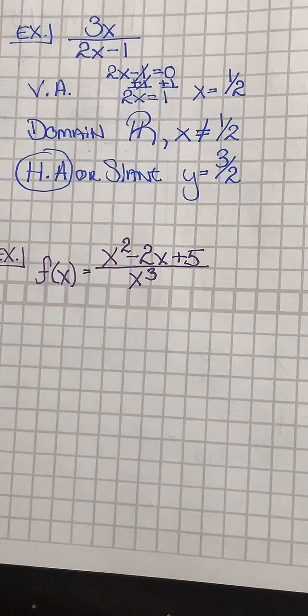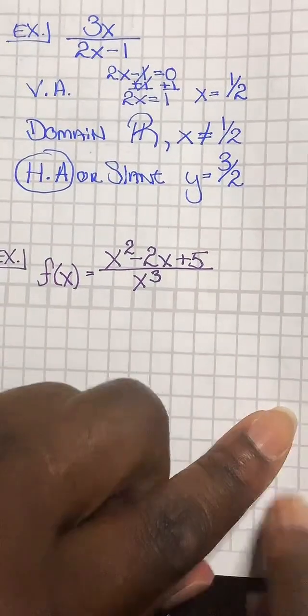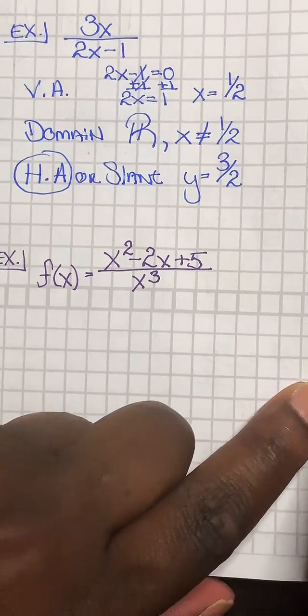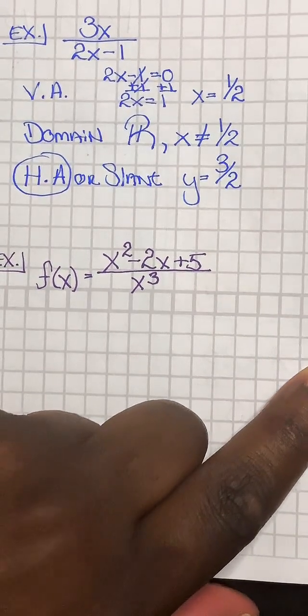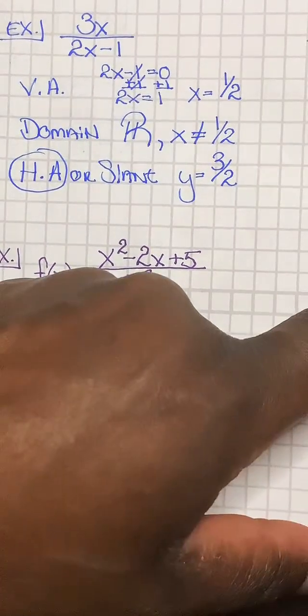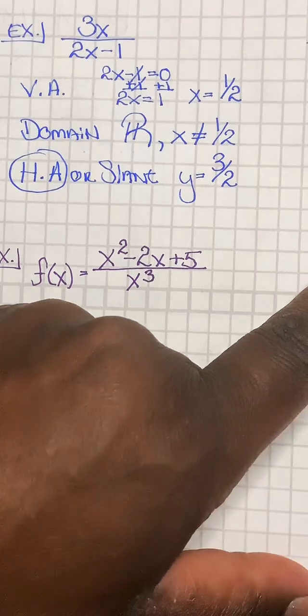I don't want to say the hole is on the line. Sometimes the hole is on the line, but it's not crossing the asymptote, if that makes sense. Because you cannot cross the asymptote.